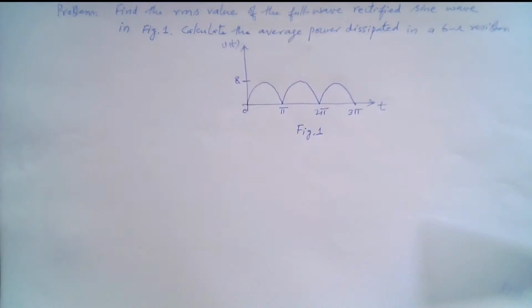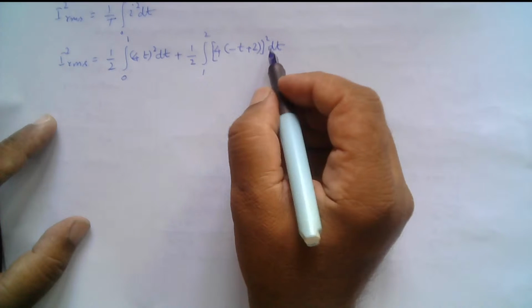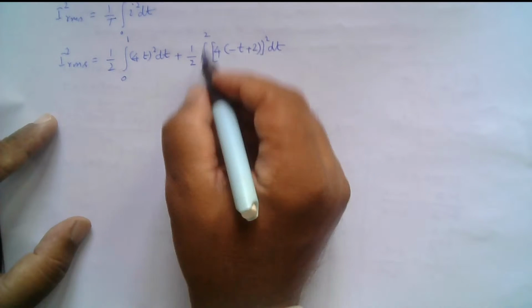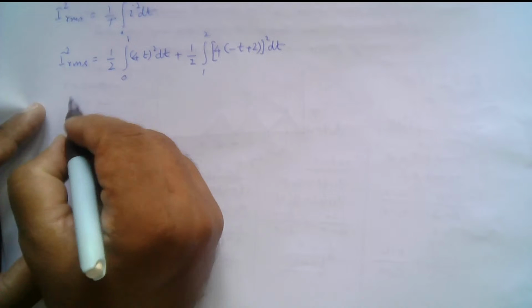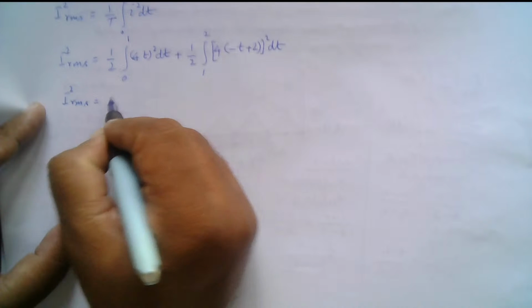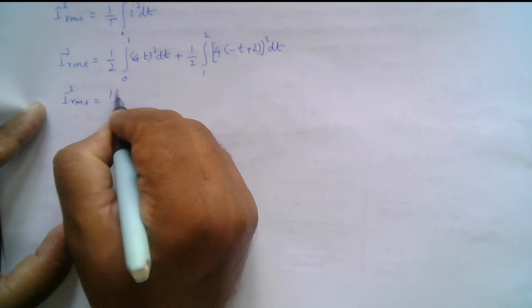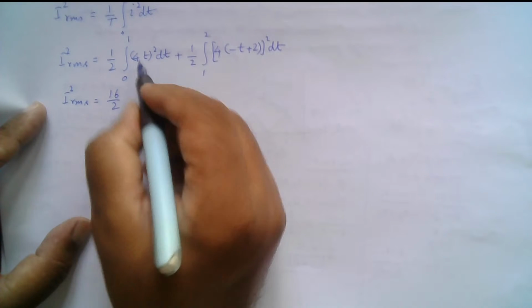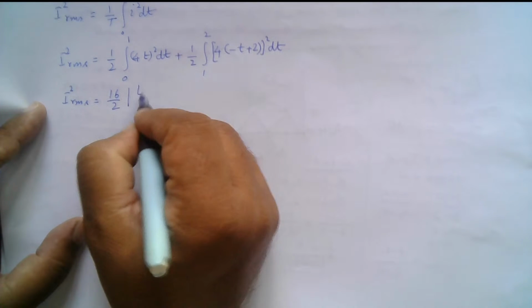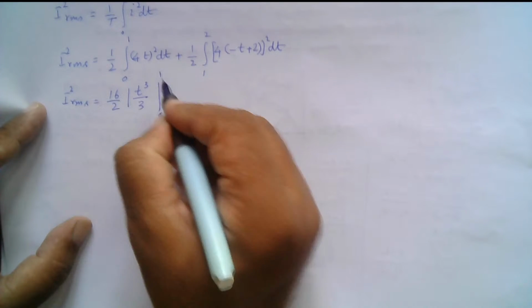So 4 into minus t plus 2 squared, and this dt here, from 1 to 2. So I square RMS is equal to, 4 squared is 16, that is 16 over 2, and this becomes t cube over 3 when integrated, and the limits are from 0 to 1.